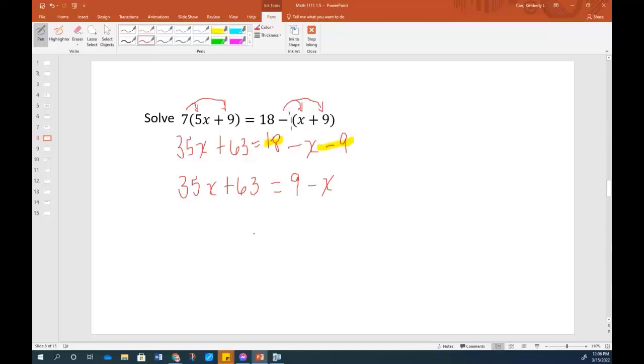All right, now we're ready to collect the variable. So I'm going to add x to both sides. Again, I tend to move it the direction that's going to make my numbers positive if I can. I'm going to skip drawing that horizontal line since I have real trouble drawing the line on here. But those are going to cancel. 35x plus x is 36x.